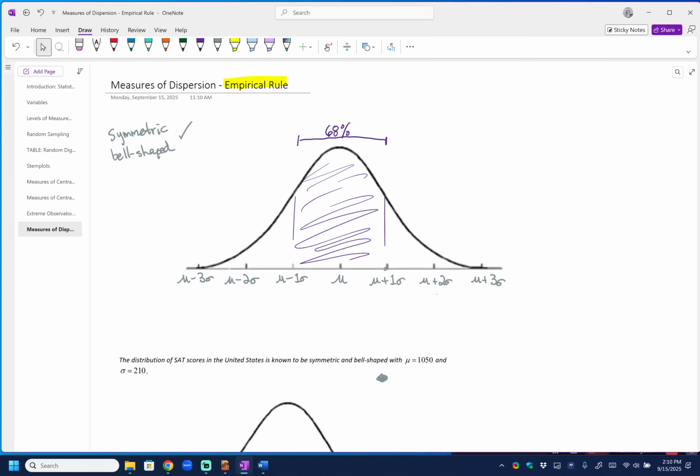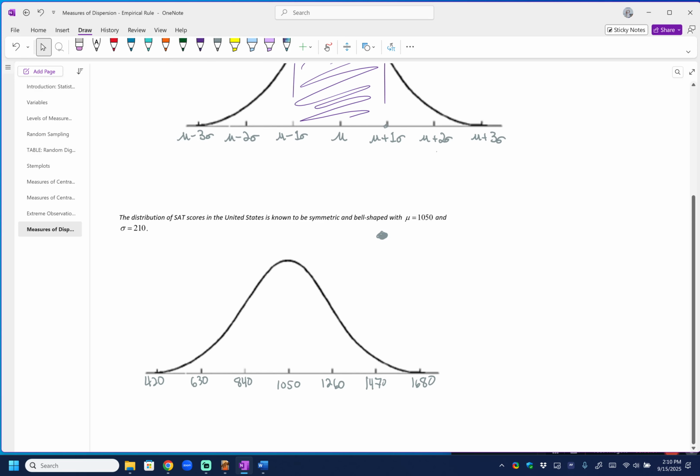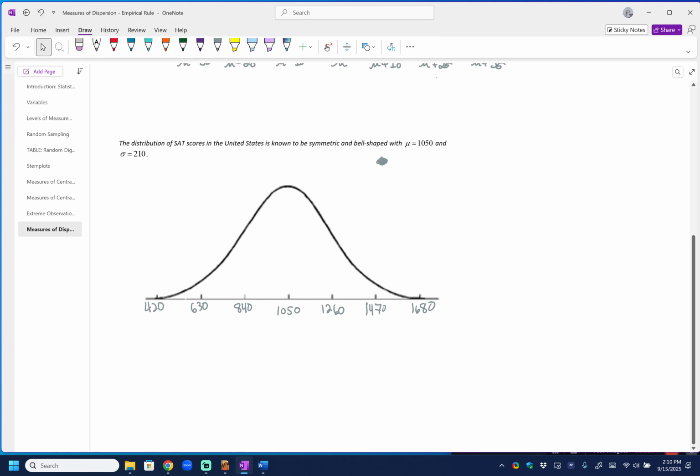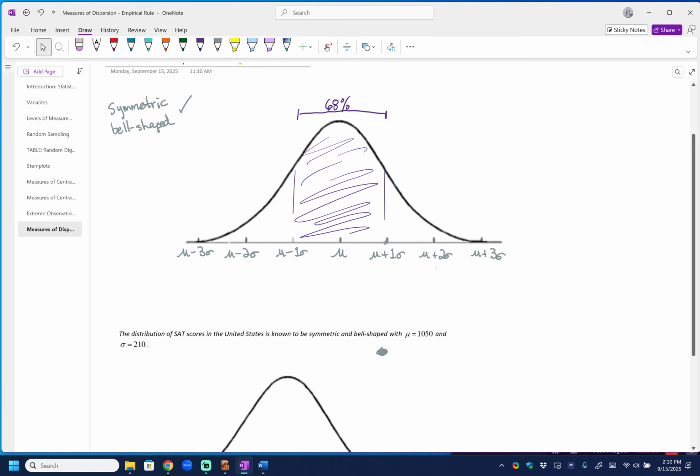So basically, almost 2/3 of the population will fall there. If we go to our example down here, then between 840 and 1260, we know that 68% of the people that take the SAT are going to score between those two values. That's almost 2/3 of the people that take the SATs. A very interesting observation.